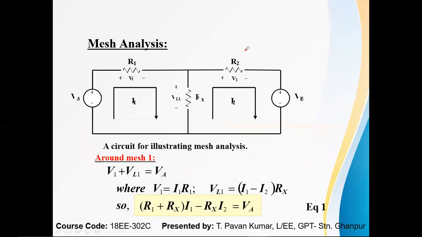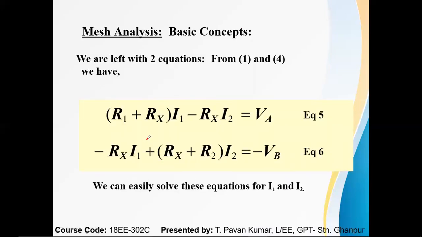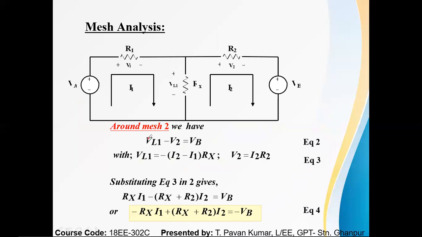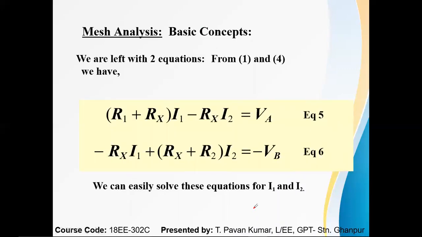What is the first equation? This is the first equation, R1 plus Rx I1 minus Rx I2 is equal to VA, right? Next, what is our second equation? Minus Rx I1 plus Rx plus R2 I2 equals minus VB. This is equation number 4.